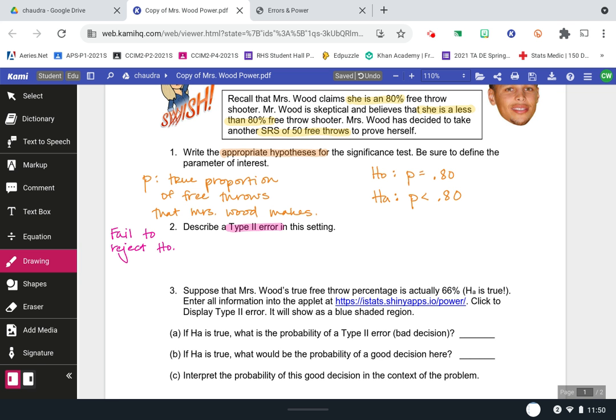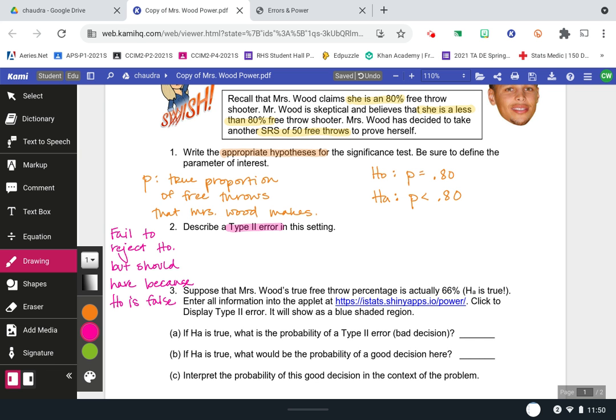So we didn't reject the null hypothesis. We think that Mrs. Wood is actually an 80% free throw shooter, but we should have, because the null hypothesis is false. That's technically a type 2 error. Now, that's not a description of it in context in this setting. That's just the definition of it.